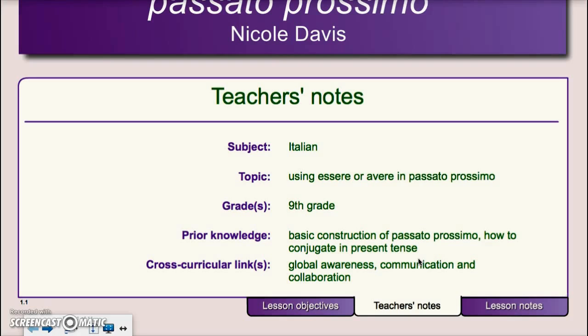And so you'll see in a second that I start off my lesson with a brief recap of how to conjugate in passato prossimo, just to get students back on track and thinking what they need to know. Most likely this lesson would happen the day after really introducing passato prossimo, and so students would have a very clear picture in their mind of what that conjugation looks like.